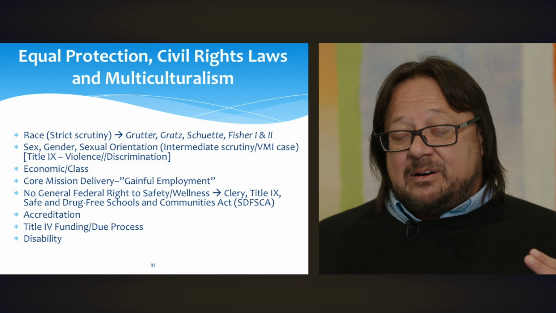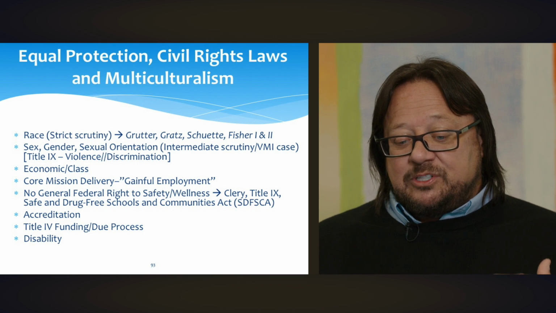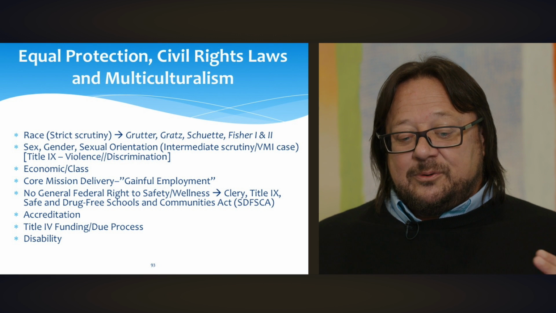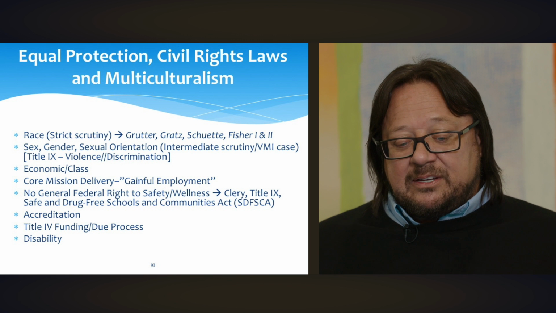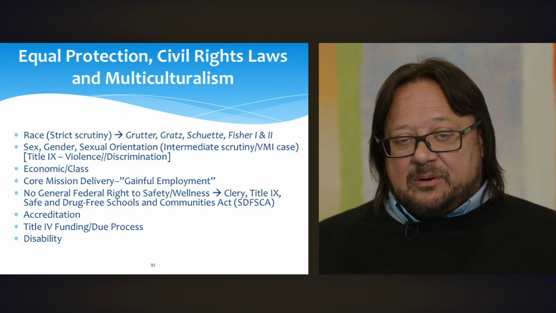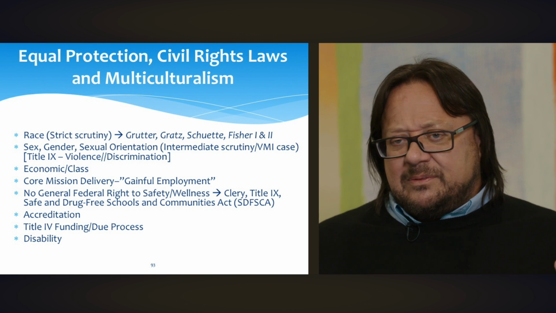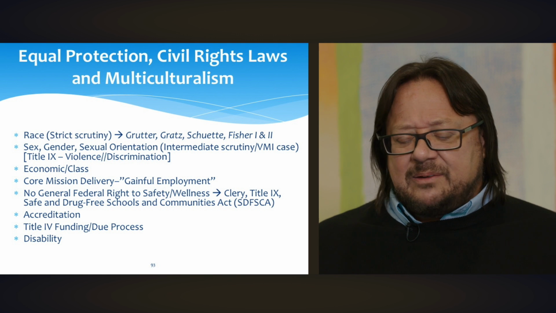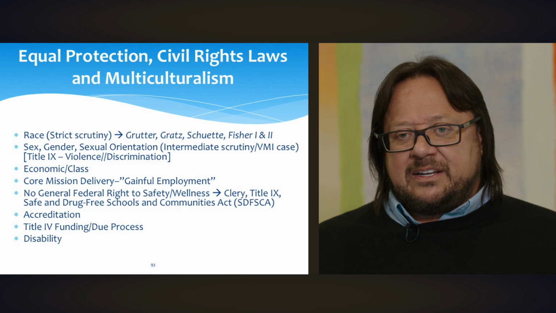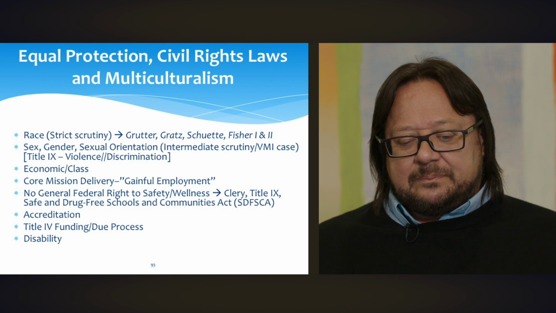So many of our civil rights metrics are projected onto us through Title IV funding. We talked about this earlier in other pathways, particularly due process. But congressional power now is felt throughout virtually every sector of American higher education, primarily because so many of us are taking Title IV funding directly or indirectly.